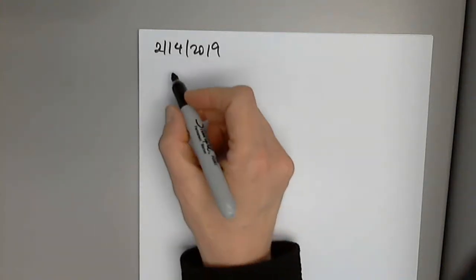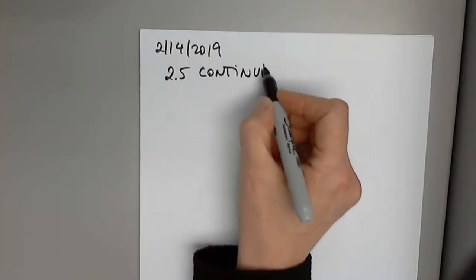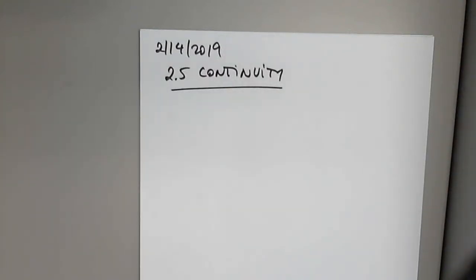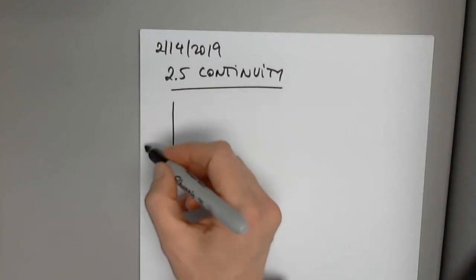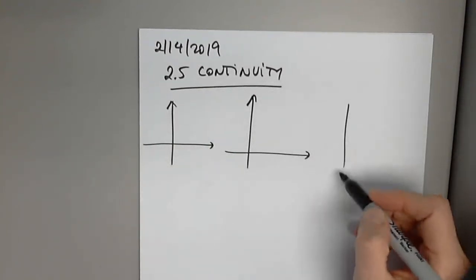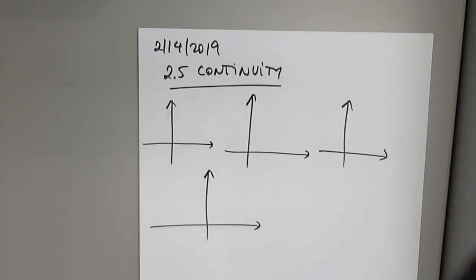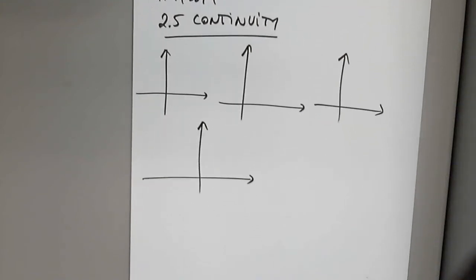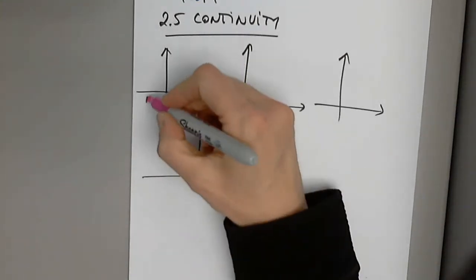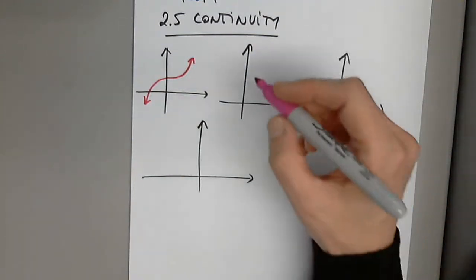Yes. Very good. So let's start with 2.5, continuity. Okay. So let's look at a few graphs. Here's the first one. Here's the second one.